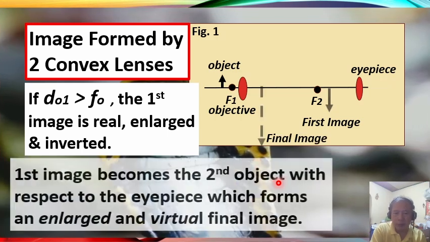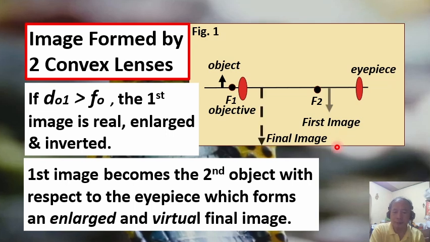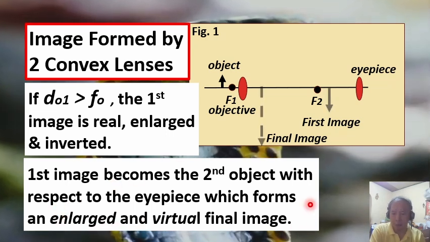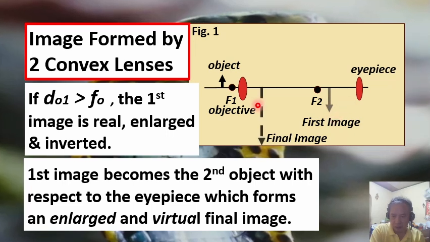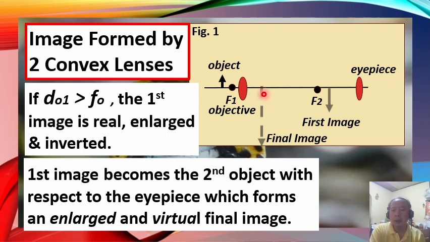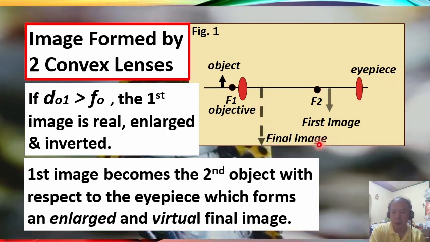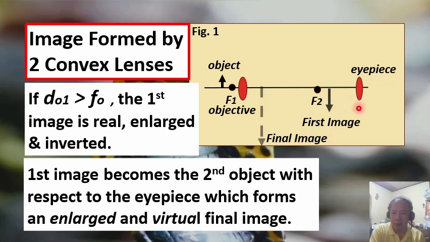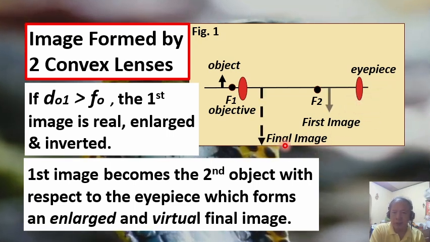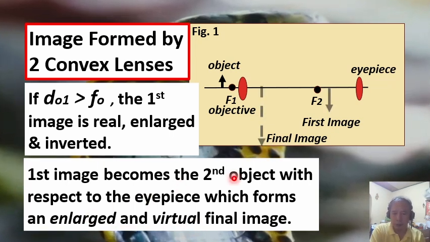So the eyepiece will form an enlarged and virtual final image, right? So the broken arrow here represents the final image, and this is basically formed by the eyepiece, right? So it is considered enlarged and virtual.